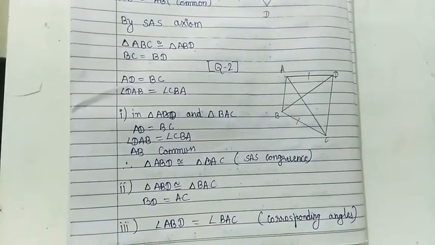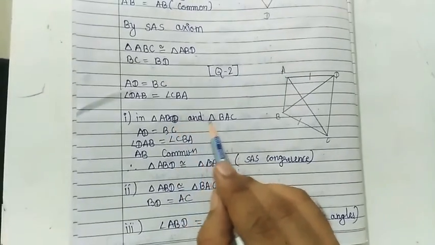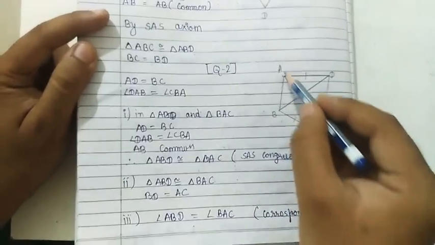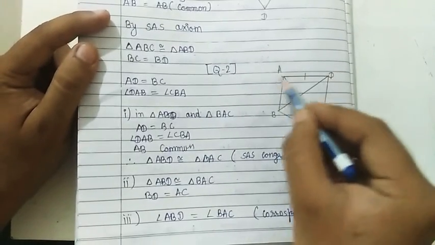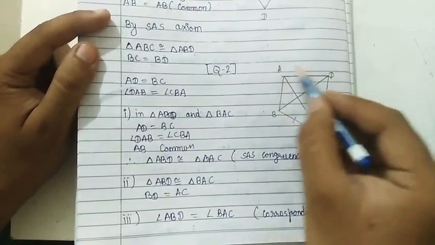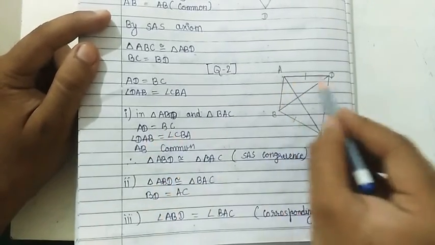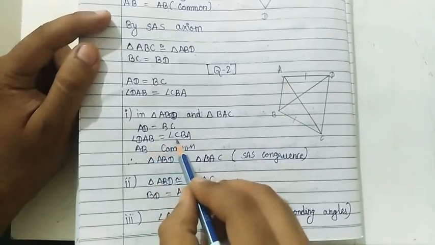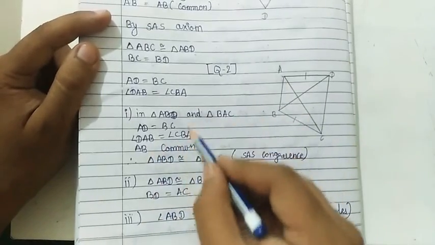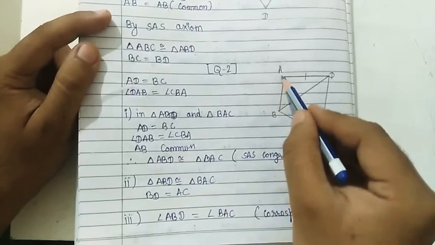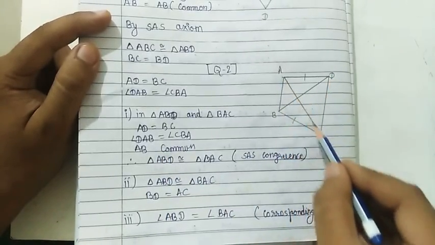So in triangle ABD and BAC, in this both triangles AD is equal to BC. Now DAB is equal to CBA. That is given in the question. And AB is common in both. This AB side is common in this triangle and this triangle also.